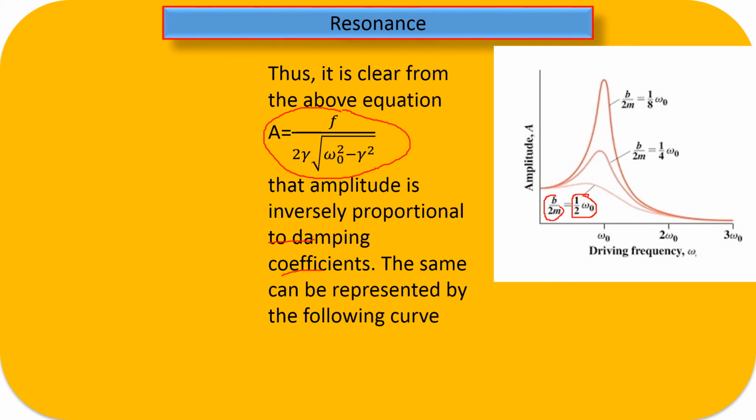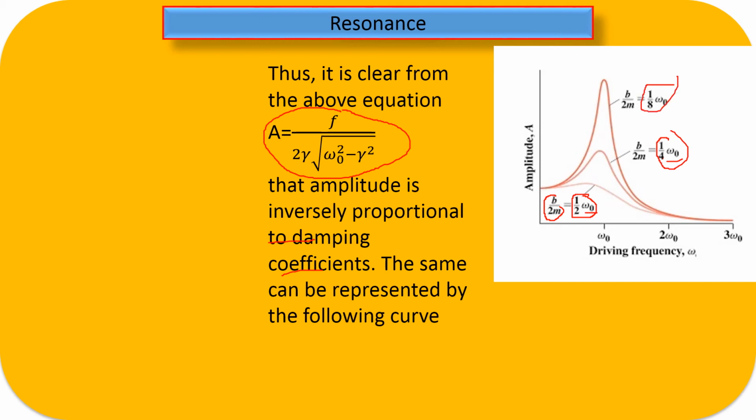Now slowly I'm going to decrease this value. Naturally if you decrease this value, the amplitude is going to increase. So here b by 2m equals 1 upon 2 omega naught, then I have decreased it to 1 upon 4 omega naught, and then further decreased it to 1 upon 8 omega naught.